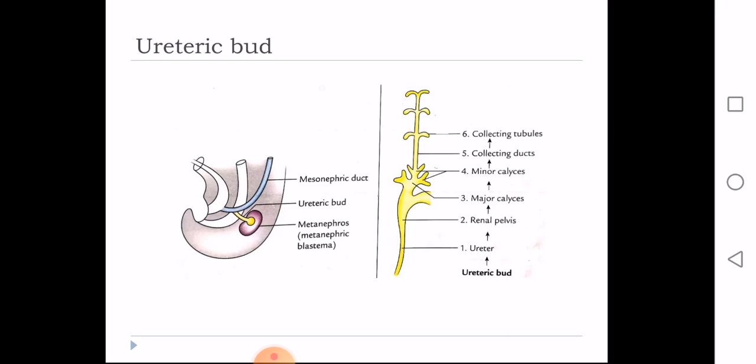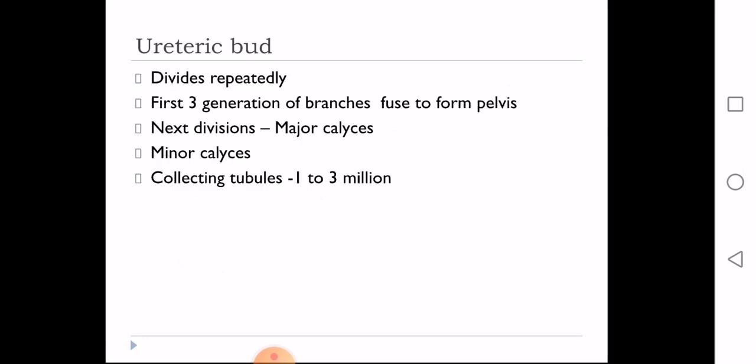So this is how the pelvicalyceal system of the kidney is formed. So the ureteric bud divides repeatedly. The first 3 generations of branches fuse to form the pelvis. Then you know it in order: major calyx, minor calyx, the collecting ducts, collecting tubules. Ultimately, you have about 1 to 3 million collecting tubules.